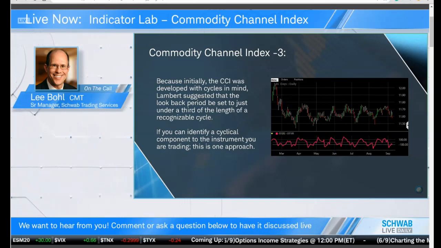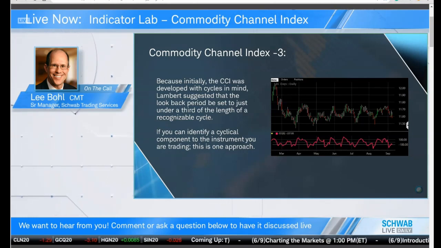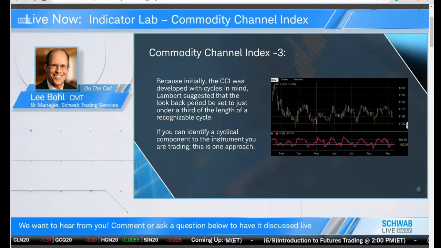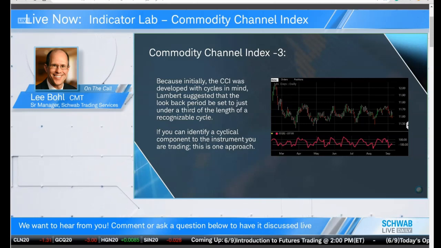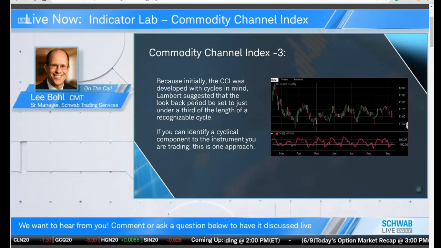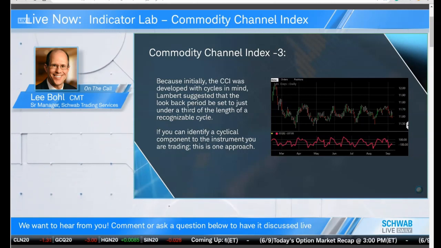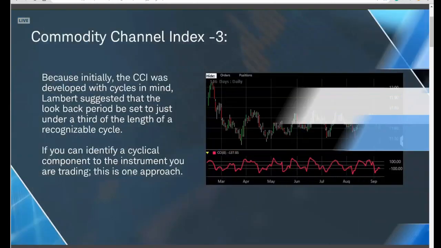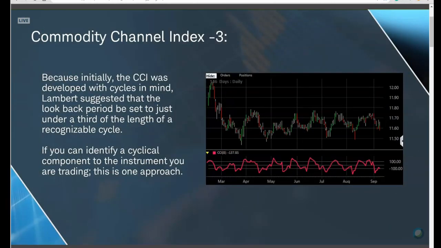Now, Mr. Lambert had an interesting take on it, especially for stocks or commodities in ranges. If you can identify some sort of cyclical component, so take a look at the chart there, right? It's a trading range, and it looks like we hit the low of the range about every 24 to 25 days, if you counted those bars.